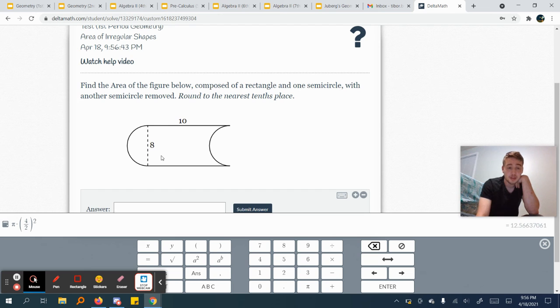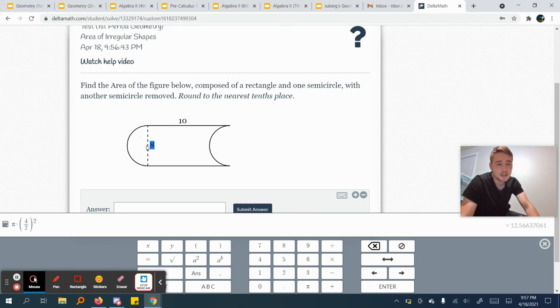So find the area of the figure below composed of a rectangle and one semicircle with another semicircle removed. Round to the nearest tenths place. One kind of neat thing that I'm immediately seeing is if we were to cut this semicircle out. Circles are all the same shape if they're all the same size.